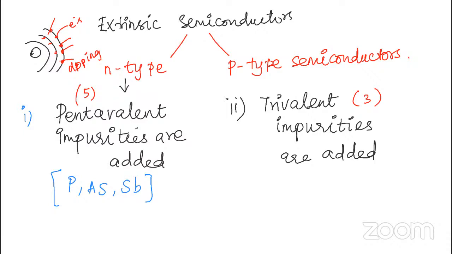Suppose 3 atoms are added in the valence shell, it is a P type semiconductor. Next, we can go for examples of P type: B, Al, and In, that is boron, aluminium, and indium. So these are examples of P type semiconductors.